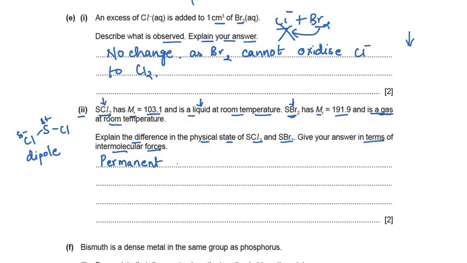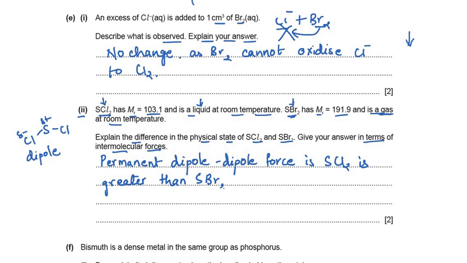So permanent dipole force in SCl2 is greater than SBr2, and the reason is that chlorine is more electronegative compared to bromine, and that is how it can be explained.